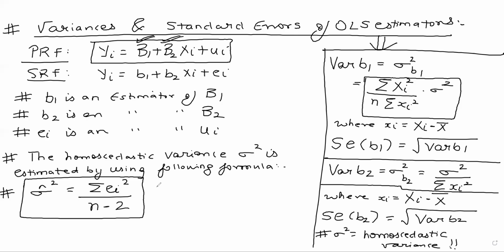So I can write where sigma hat square is the estimator of sigma square. Summation ei square, what is summation ei square, guys? ei itself is nothing but yi minus yi hat, whole square, also called the residual sum of squares.